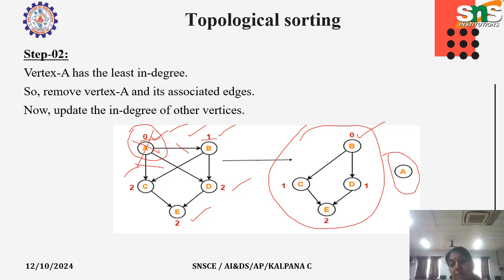So I have removed the edges, that is the links, also. That results in changes in the in degree. So here B will have 0, D will have 1, C will have 1 and E will have 2. This is my final in degree.